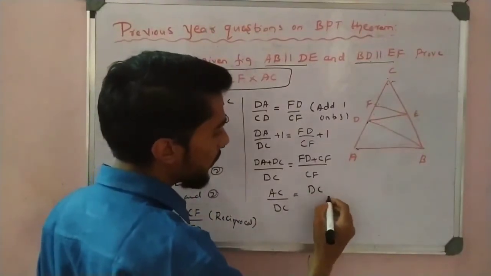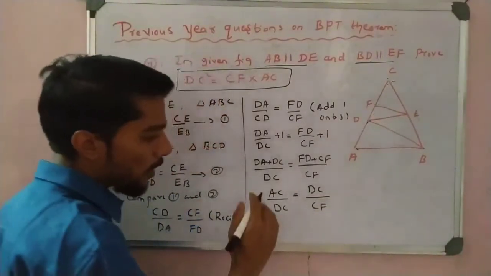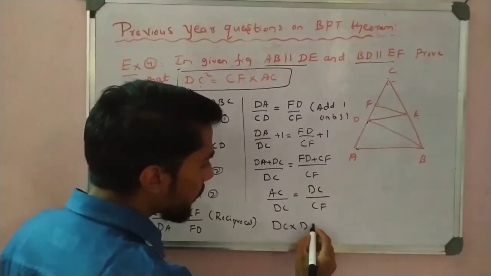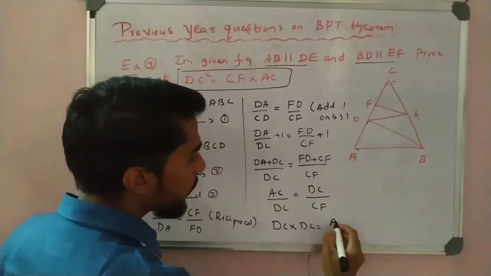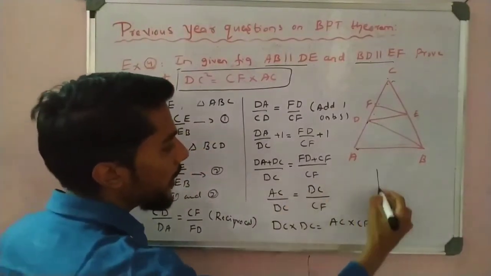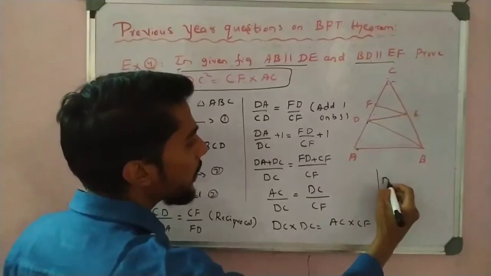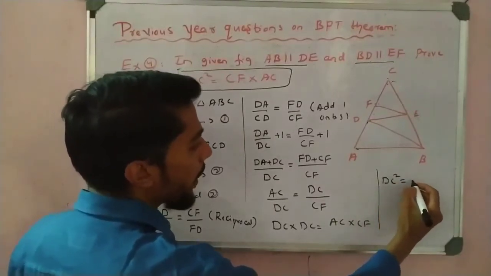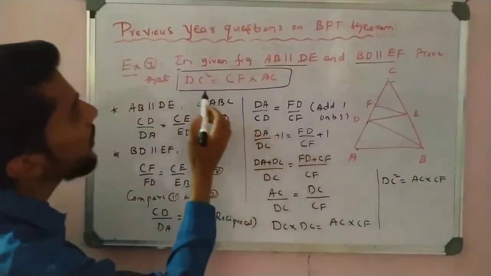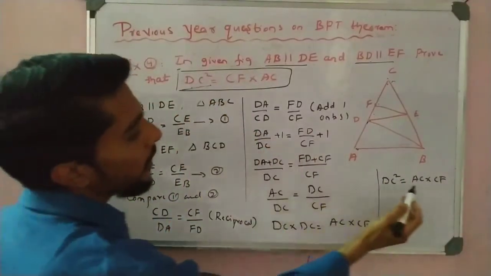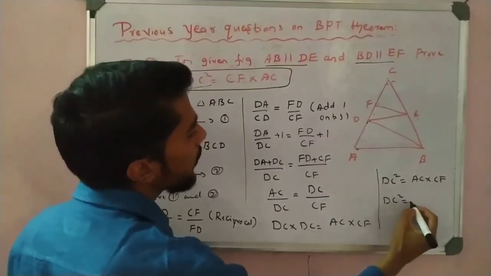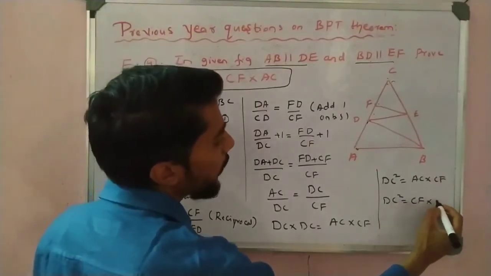So DC divided by CF. Now cross multiplication. DC into DC is equal to AC into CF. Correct? So we get DC square is equal to CF into AC.